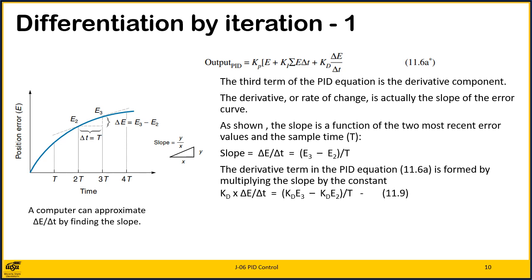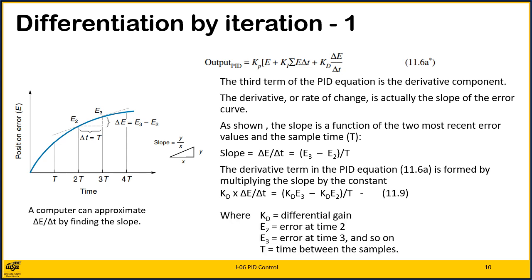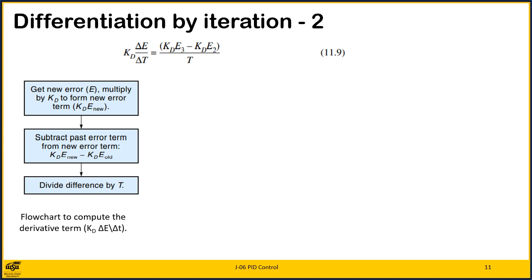Kd times delta E over delta T is equal to Kd E3 minus Kd E2 over T, which is equation 11.9, where Kd is the differential gain, E2 is the error at time 2, and E3 is the error at time 3, and so on. T is the time between samples.